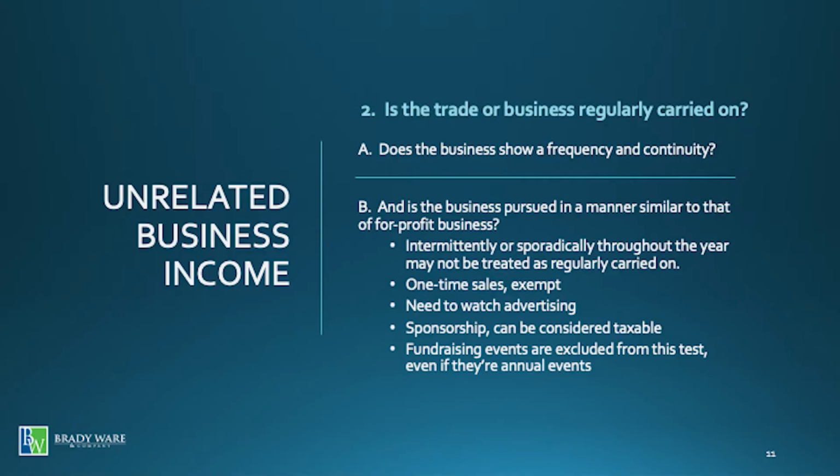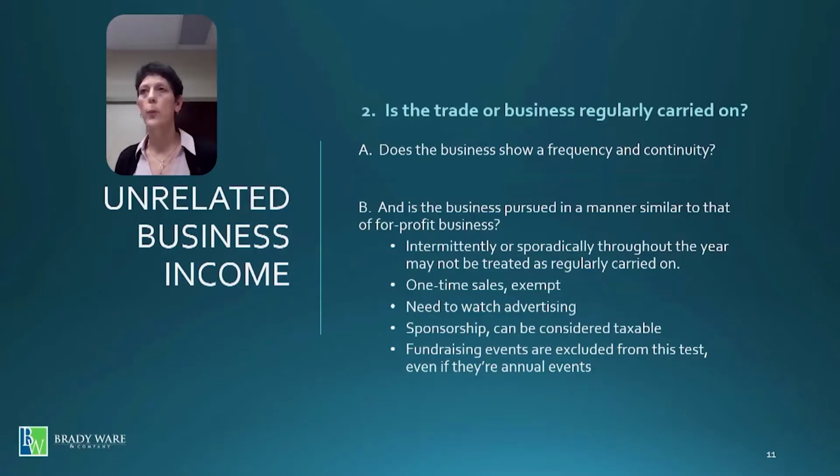So the next question is, is the trade or business regularly carried on? What the IRS is looking for there is, does the business show a frequency? Are you doing it on a regular recurring basis? Intermittent or sporadic activity throughout the year doesn't mean that it's regularly carried on.